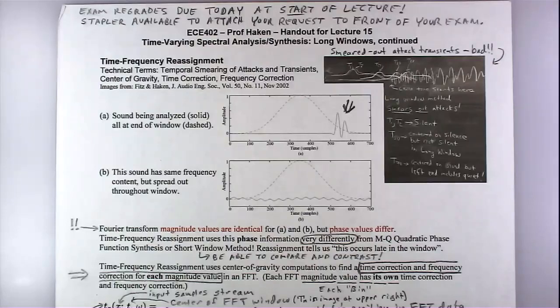So what's going on here? This is the reason to do time-frequency reassignment. Because if you don't, this waveform here, the dotted thing is just the window, but this waveform, which happens at the very end of the window, this pulse, has literally identical magnitude spectrum to that, because we calculated this example.